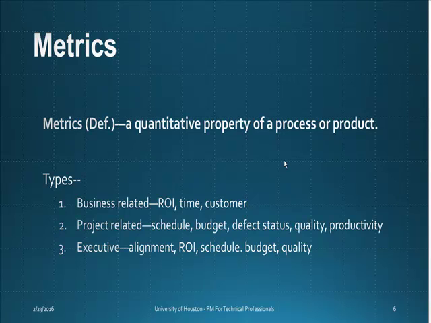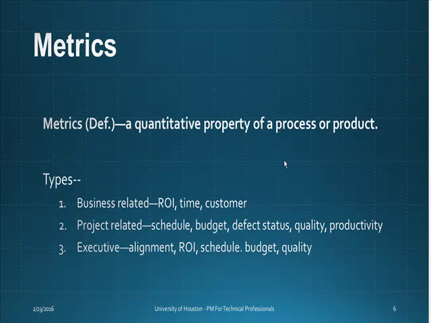We can actually come up with three types of metrics. The first one is business related, which is mainly about revenue, potential profits, and margin. Of course, we can use return on investment, the time duration, or the number of customers, the customer base. If it's project related, it will be more detail oriented, such as schedule, budget, defect status, quality, and productivity.